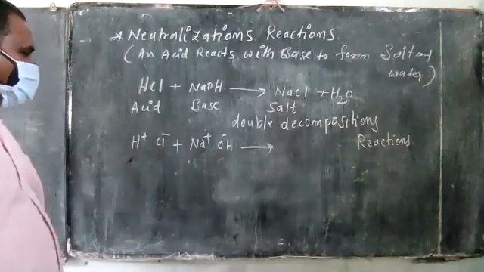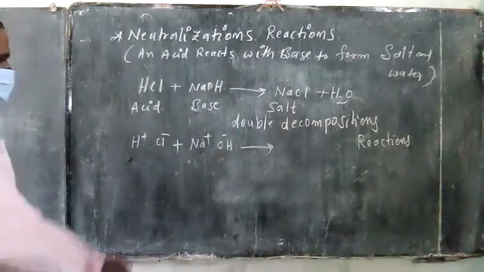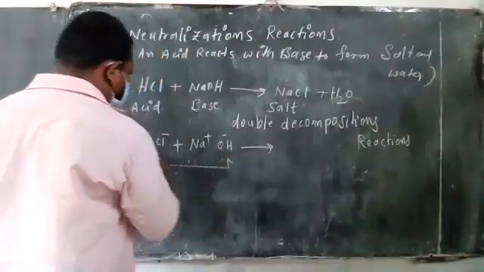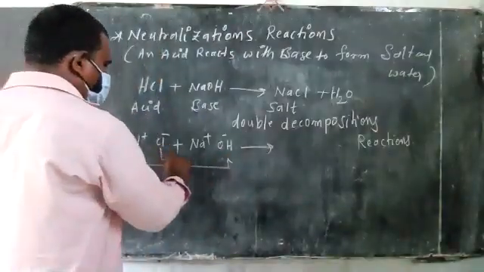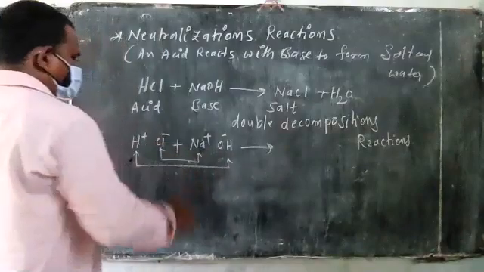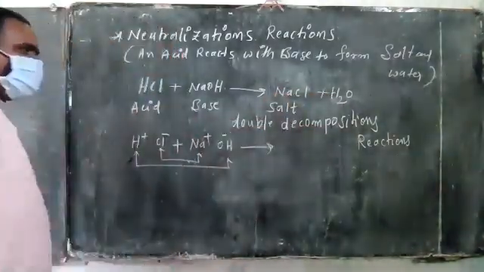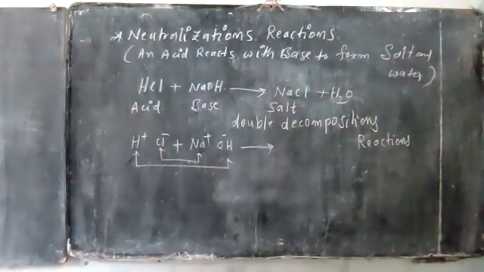The mutual ions are exchanging: the H plus ion combines with the OH minus, and the Cl minus ion combines with the Na plus, forming a salt and water. So this is called a neutralization reaction.